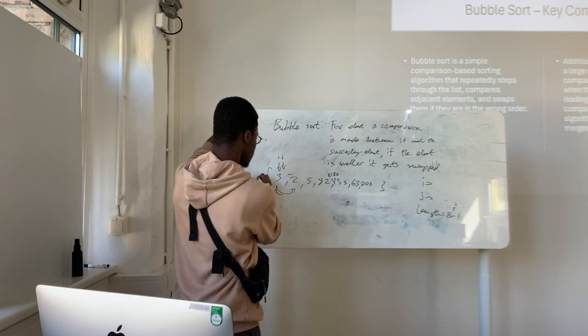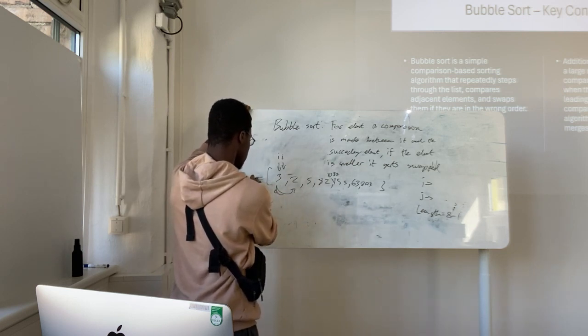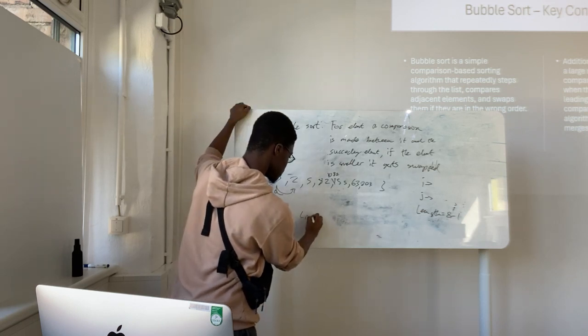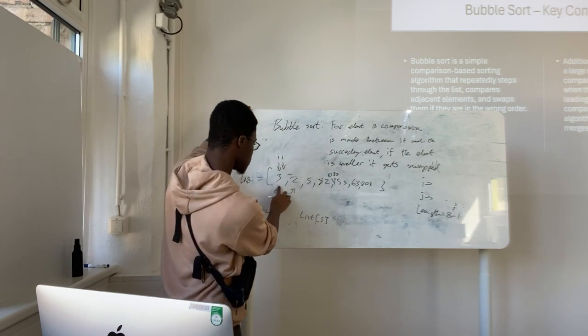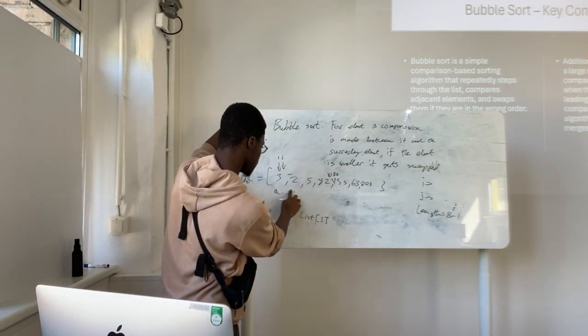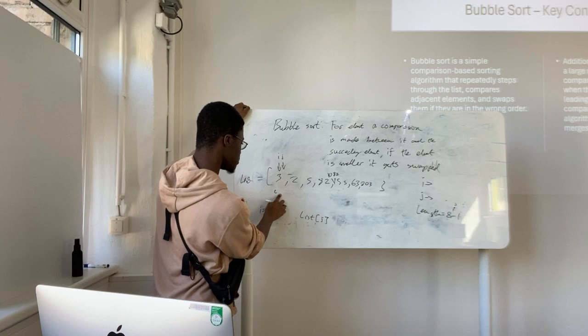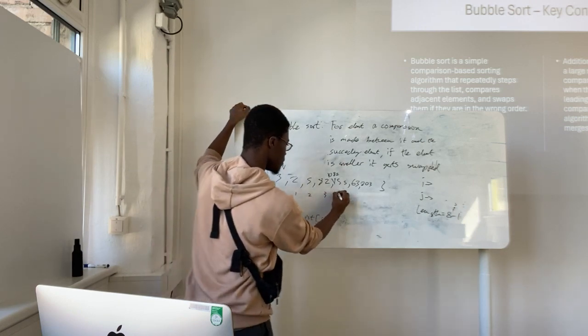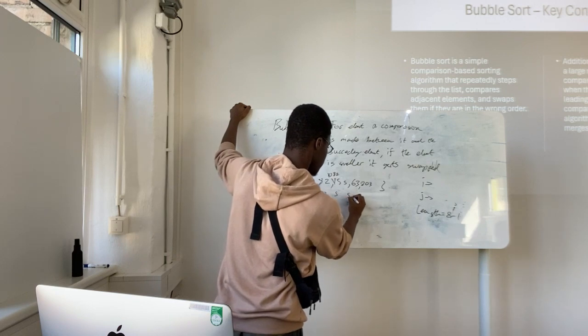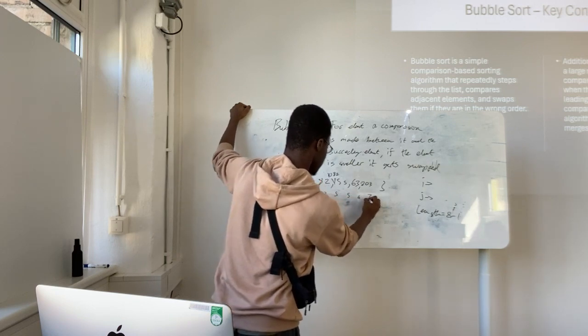So let's say this array is called array, or let's call it list, sorry. List. So this is list at j, and j equals what? j equals which index? So we have 0, 1, 2, 3, 4, 5, 6, 7.